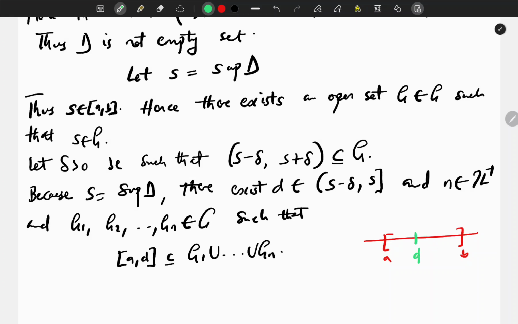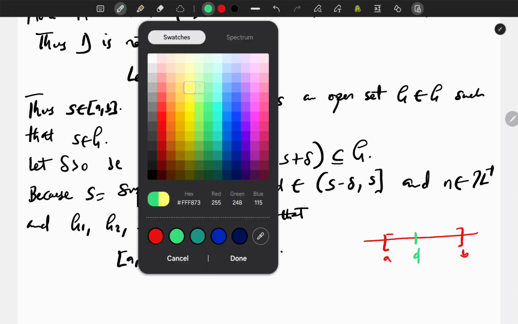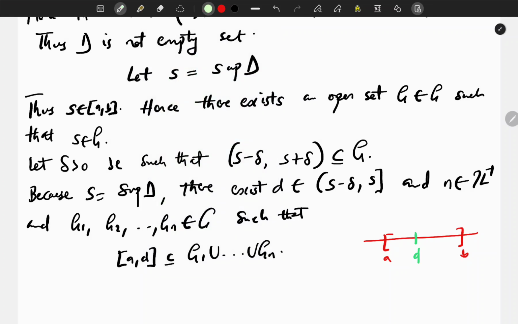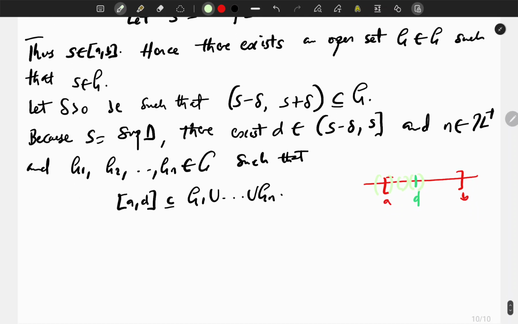Okay, so we are able to find a finite collection of open intervals whereby we are able to cover these points. But since our open cover is an open set, we can also extend it to be able to cover the entire of A, B.